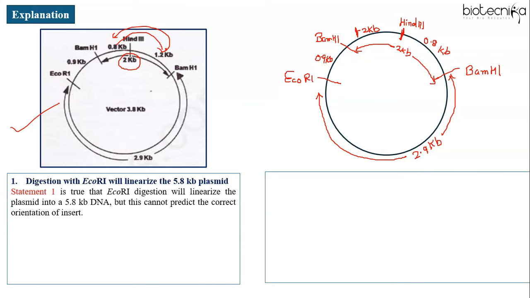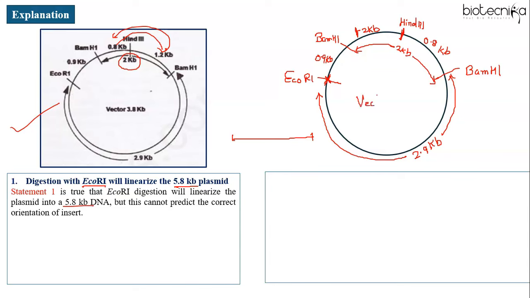So let's have a look at statement 1. Digestion with EcoR1 will linearize the 5.8 kb plasmid. So it means that if I cut the circular plasmid from here, it will convert the circular plasmid into linear form. And the size of this linear plasmid should be 5.8 kb.